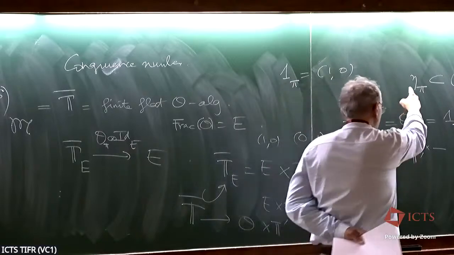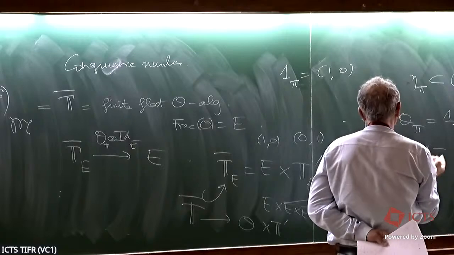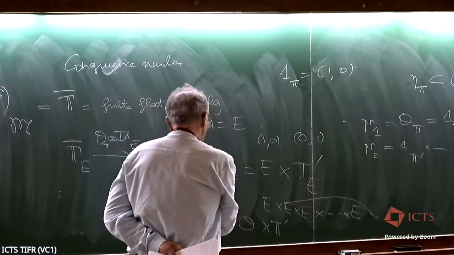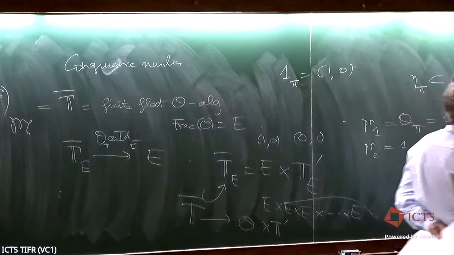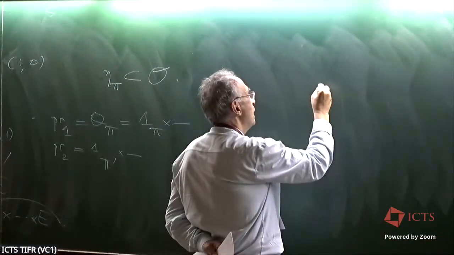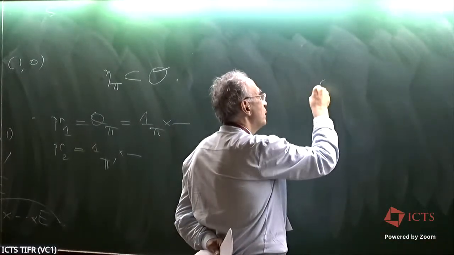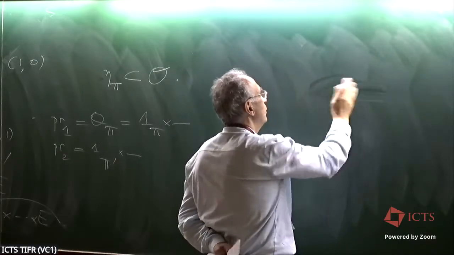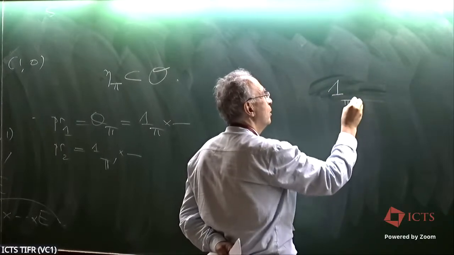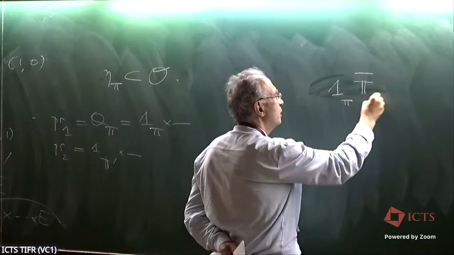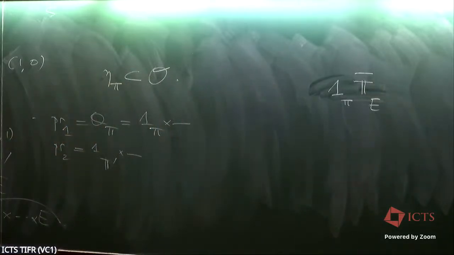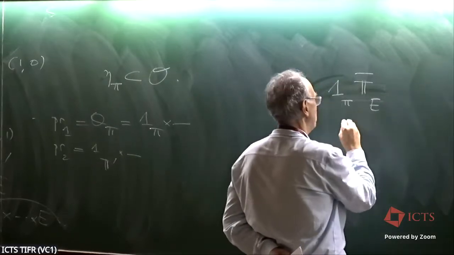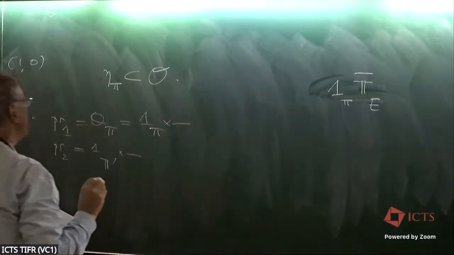So I want to define this thing inside O. So you do the following. You take E times O, so 1 pi of TE, no, just a second, I want to say it correctly.